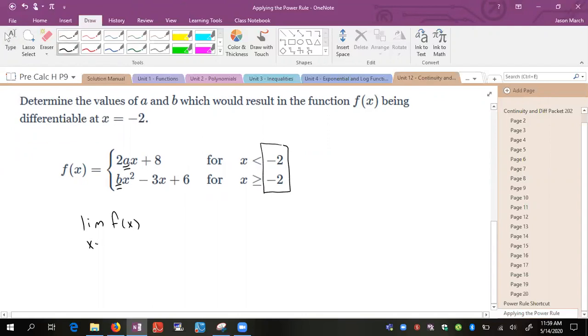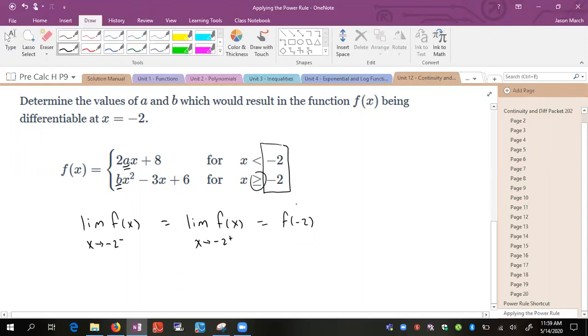So we need to figure out the limit as it goes to -2 from the left and make it so that the limit as it goes to -2 from the right is the same. And I guess while we're at it, f of -2 also needs to be there. And that's actually given by the inequality here, so really these two things are the same.